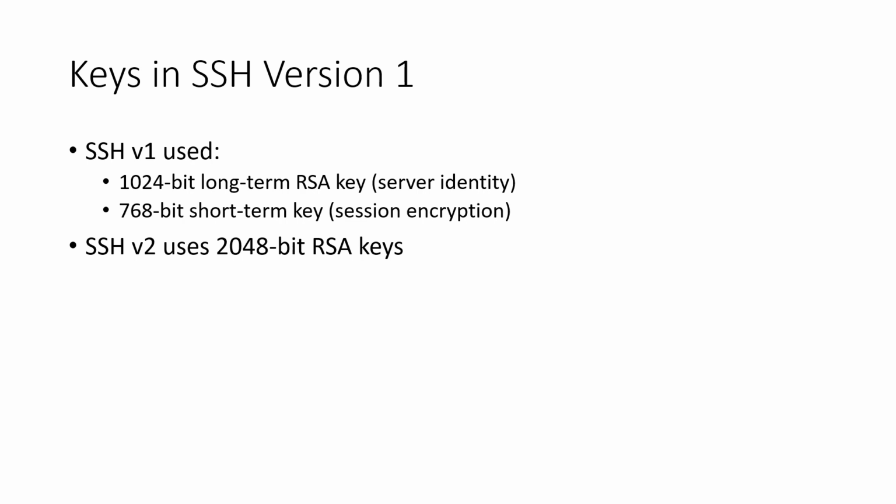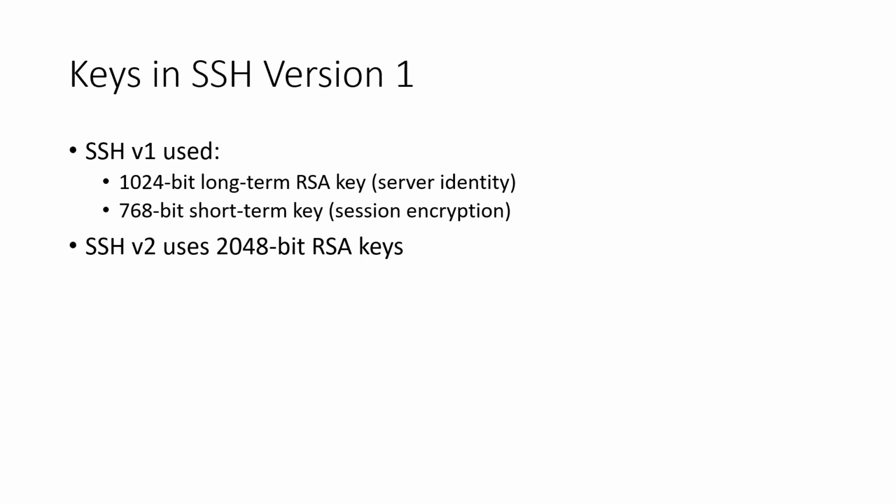In version 1 of SSH, two types of RSA keys were used. A long-term key, which was typically 1024 bits, was used to identify the server. This key rarely changed and it helped clients recognize they were connecting to the correct host. A short-term key, about 768 bits, was generated for each session or refreshed periodically, like hourly or for every session.